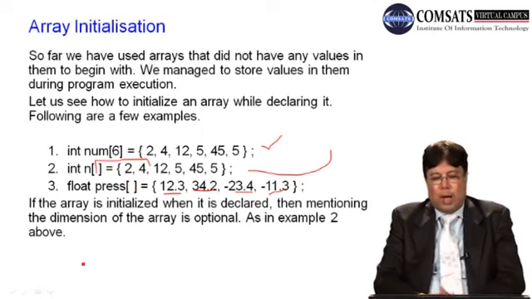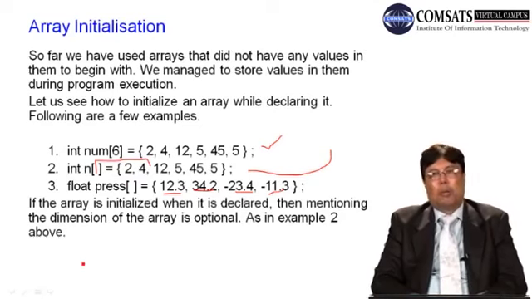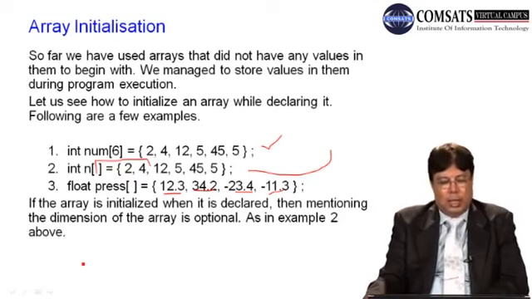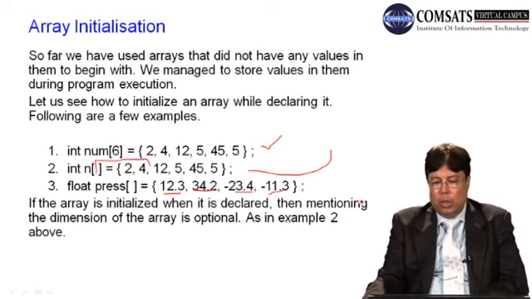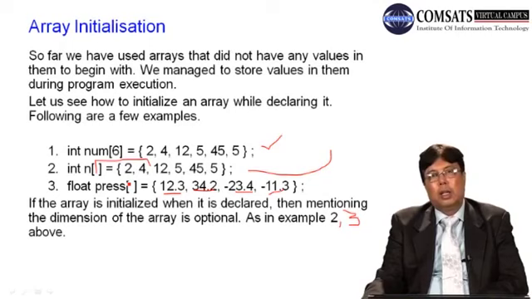So if the array is initialized when it is declared, then mentioning the dimension of the array is optional. In examples 2 and 3, the size has not been provided because I am using initialization mode. If I am doing declaration and initialization simultaneously, the system can compute the size by itself.